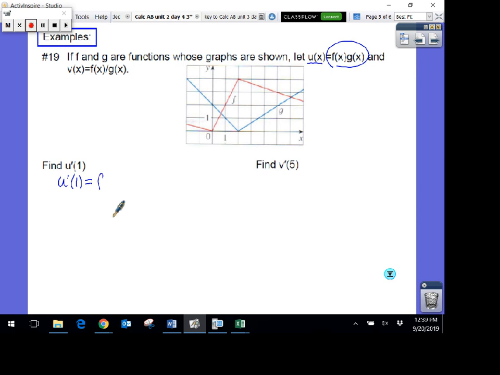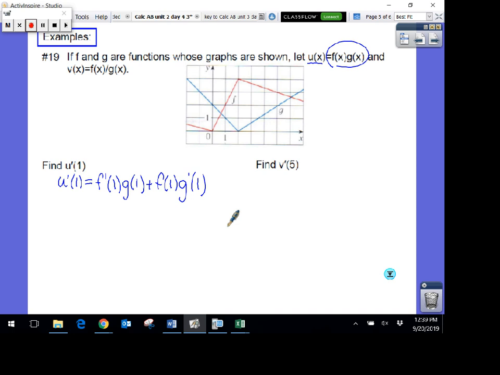So that's going to be f prime of 1, g of 1, plus f of 1, g prime of 1. f prime g plus f g prime. And the reason why is because it told us that's what it was in the directions. But now we're getting all of our information off this graph.